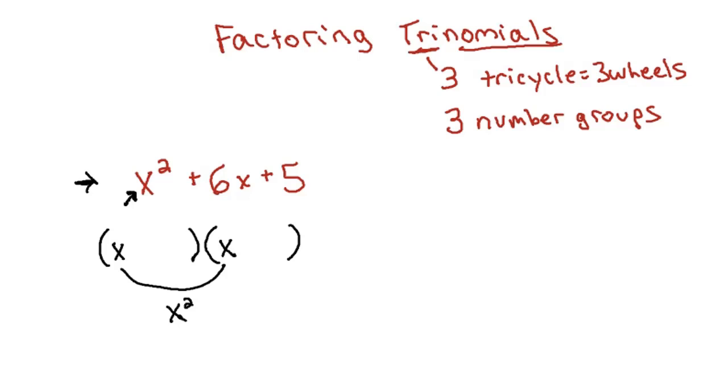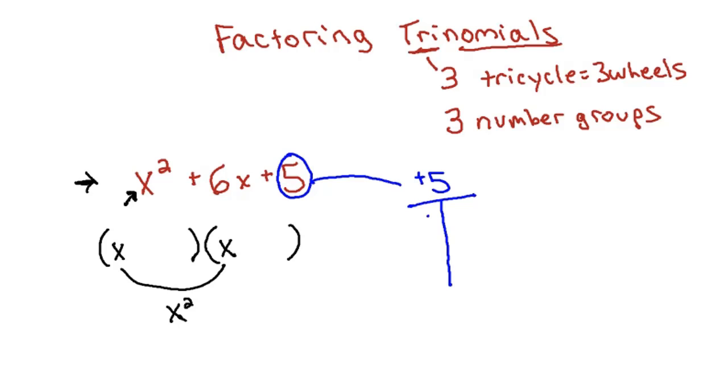Now what you need to do is you're going to take this last number here, which is a positive 5, and we're going to find all of the numbers that multiplied together end up with positive 5.